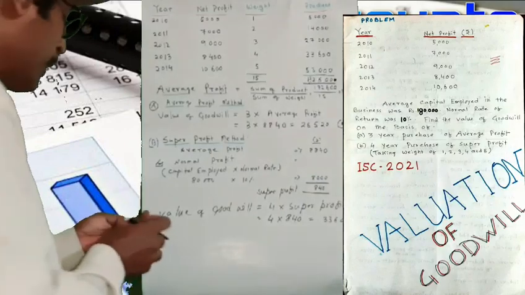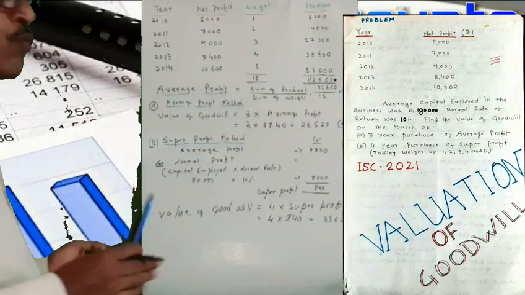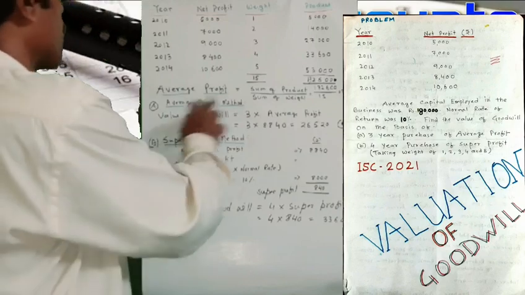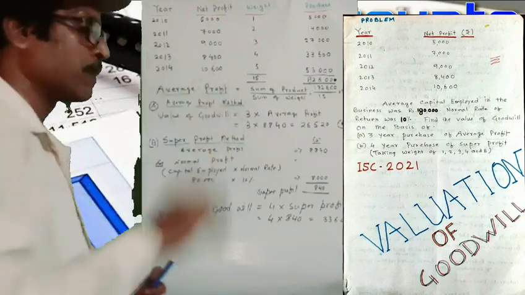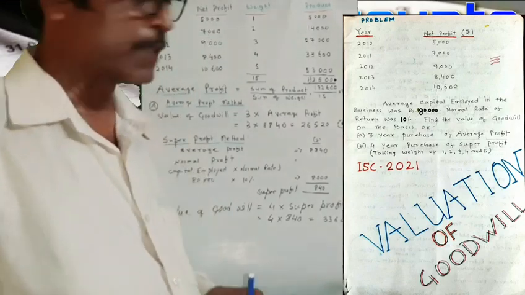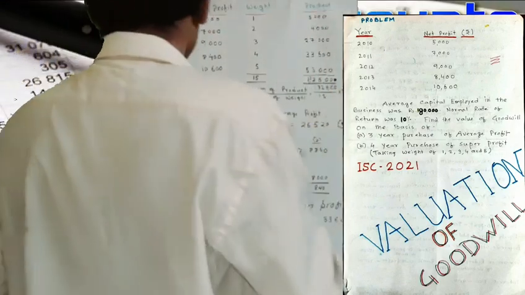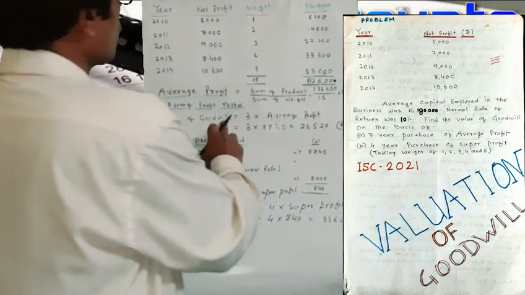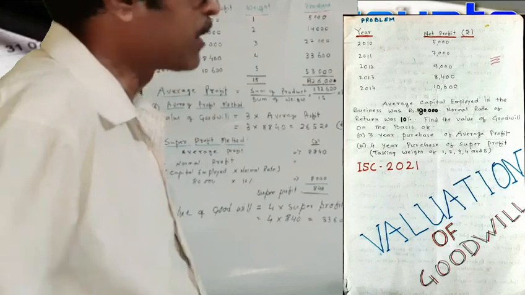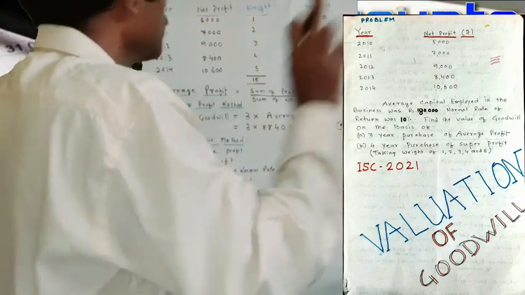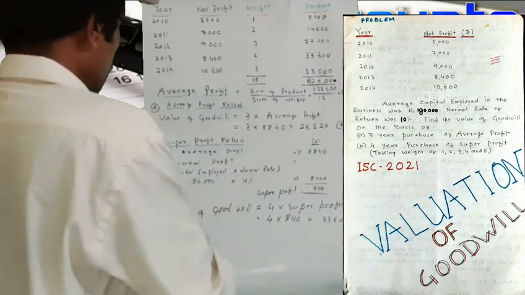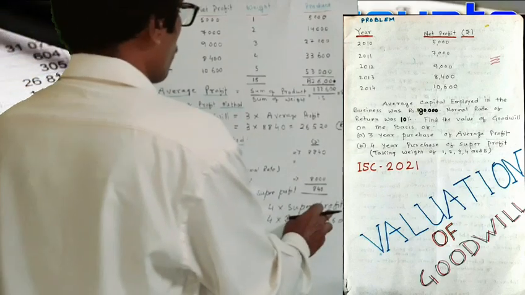So in this chapter we value goodwill basically in two ways. Number one, the average profit method: find 3-year purchase of average profit, so goodwill is 3 into average profit. Number two, the super profit method: find 4-year purchase of super profit, so goodwill is 4 into super profit.